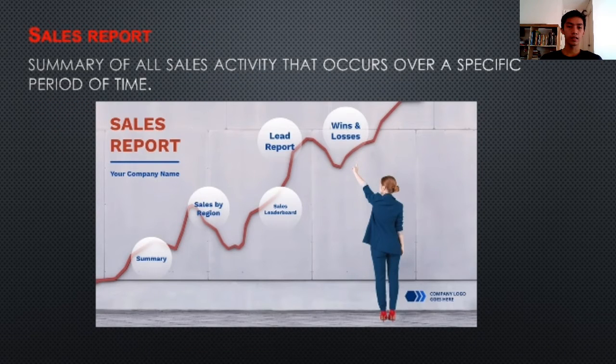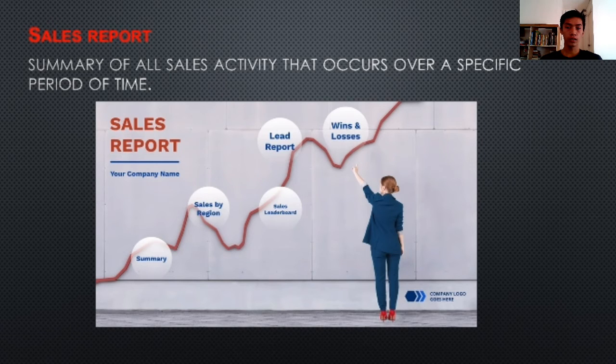And the next one is the sales report. When we say sales report, it is a summary of all sales activity that occurs over a specific period of time. It might be a daily or a monthly report. So here is the figure of the report: the summary, the sales by region, lead report, sales leaderboard, and whether the business is winning or losing.